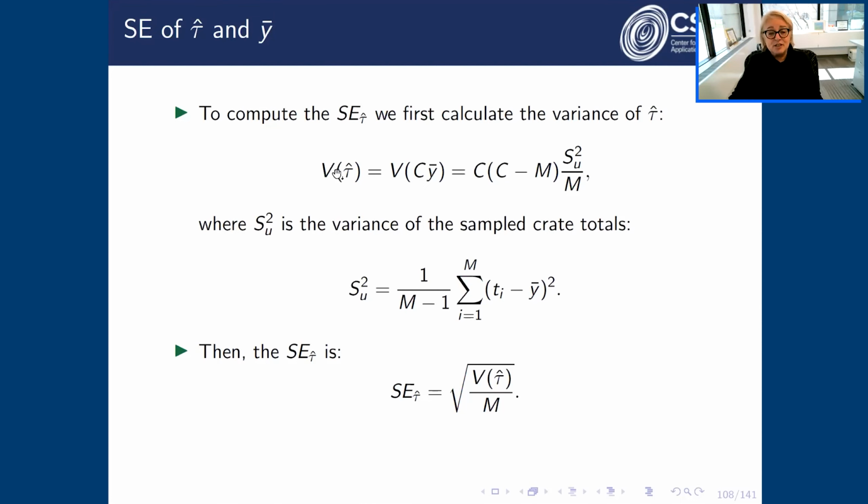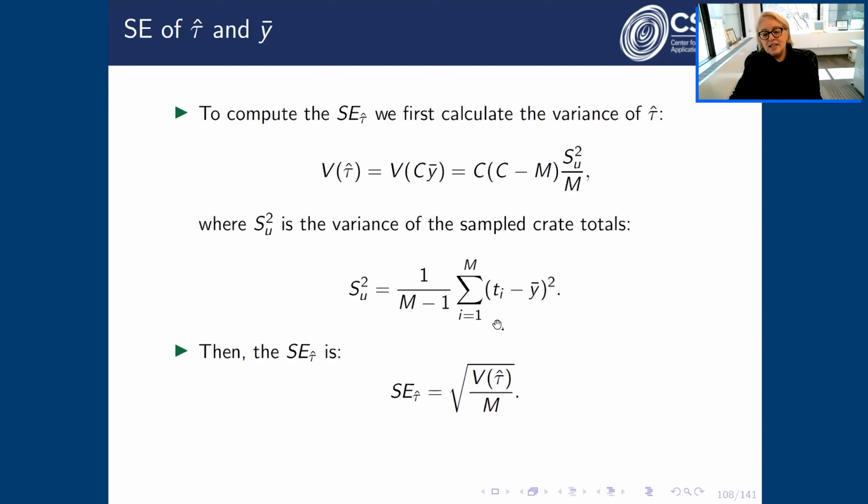But trust me, the variance of this estimated population total is computed in this way: C times (C minus M) times this S squared U divided by M. S squared U is just the variance of the sampled crate totals. So you just compute S squared U in the same way.